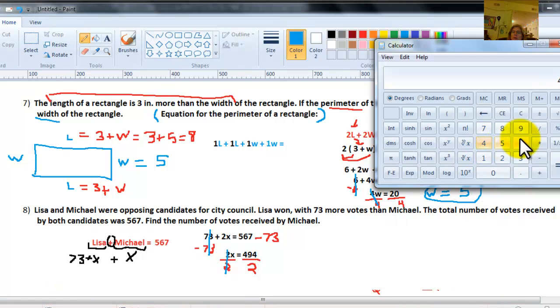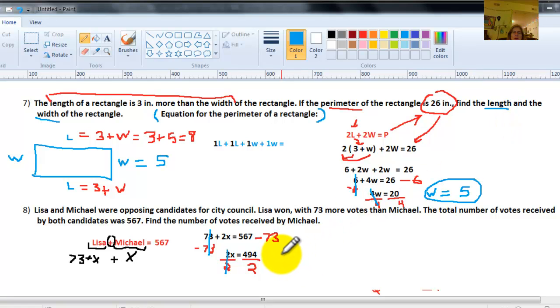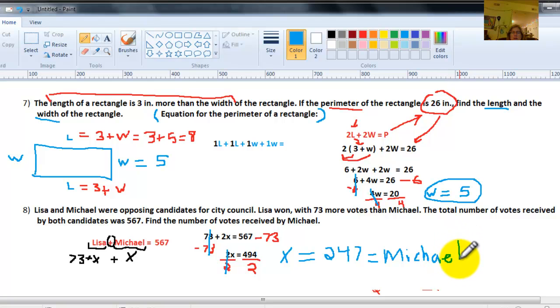So let's look at that. 494 divided by 2 is 247. So then x equals 247. And that simply gives us Michael. They didn't want to know how many votes Lisa got. But we know she got 73 more than this number. Okay.